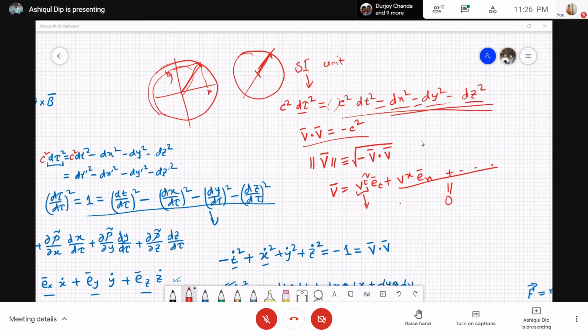Let me ask first: what is a vector in layman's terms? It represents direction and magnitude.